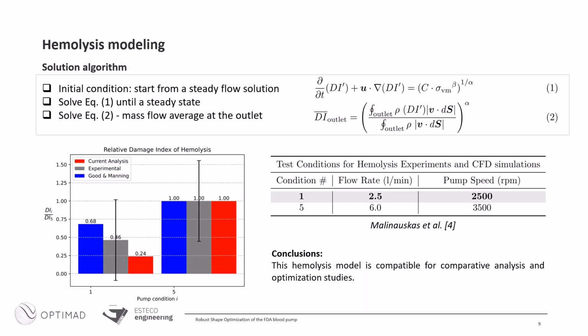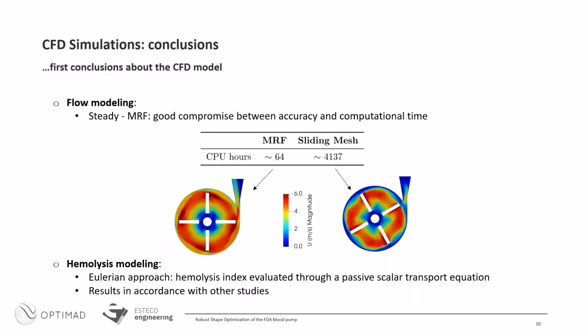Actually, if you read all the literature, a large variety is still present depending on the method that you use. But the conclusion is that it's still possible to perform a comparative analysis, and thus an optimization study, if a trend is present with respect to experiments, and it's the case. So we can move on.